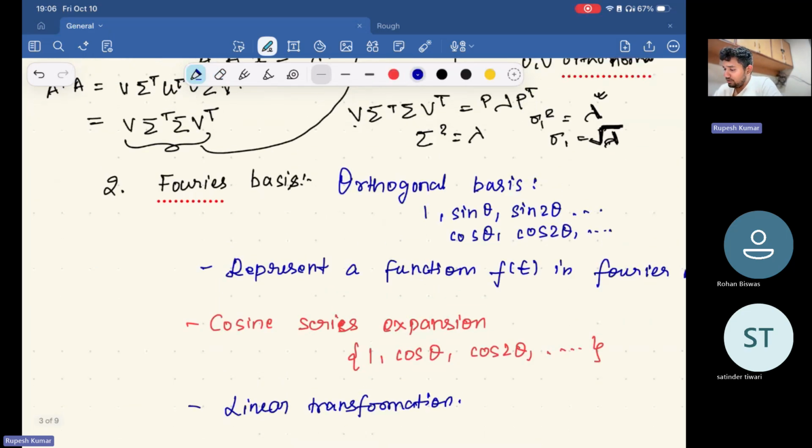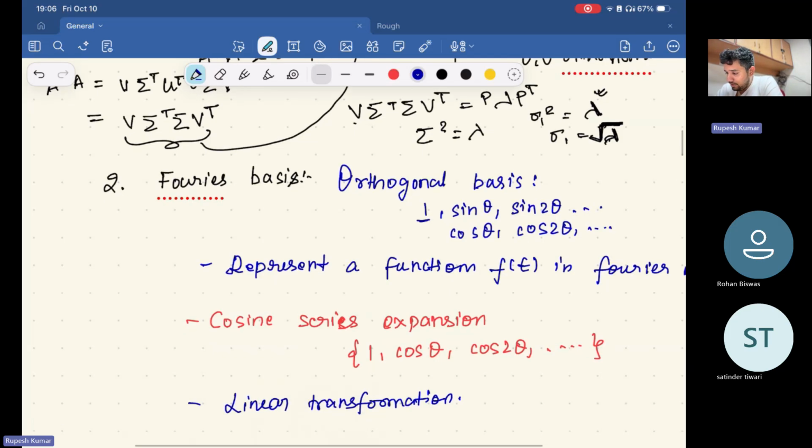But what it essentially says is that any signal or any function can be represented as a linear combination of these orthogonal bases. And what are these orthogonal bases? The orthogonal bases are 1, sine theta, sine 2 theta up to infinity, cos theta, cos 2 theta up to infinity. Basically, 1 is orthogonal to sine theta, which is orthogonal to sine 2 theta up to sine n theta, and n can go to infinity.